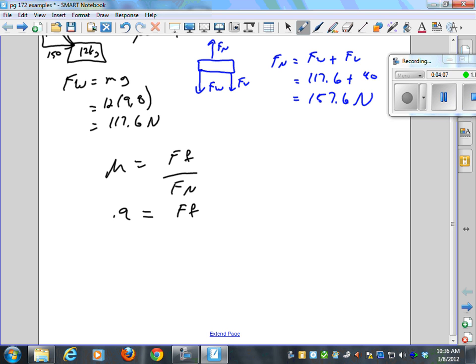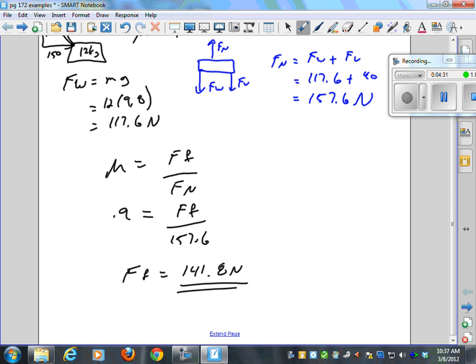Solve for friction force, put a normal force of 157.6 down there, and you're going to get a friction force of 157.6 times 0.9. You get 141.8 newtons of friction. I think the textbook shows 142. They do it to sig figs.